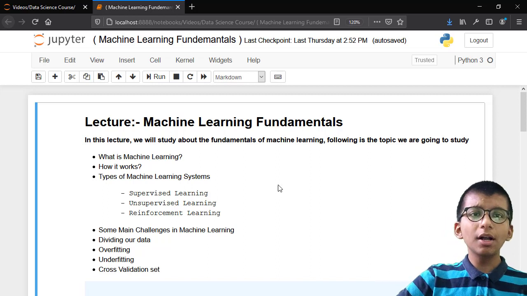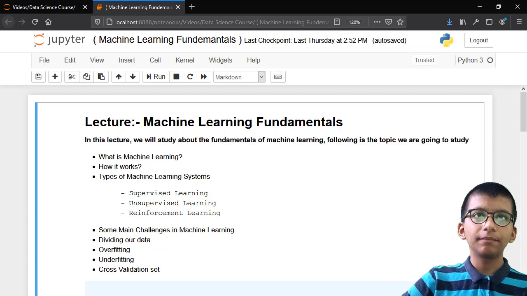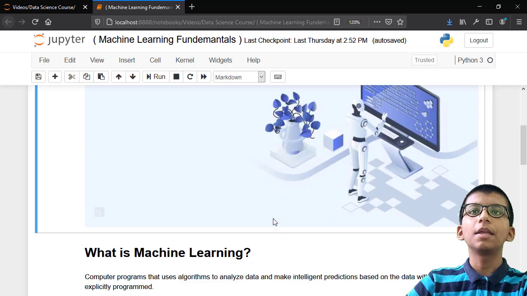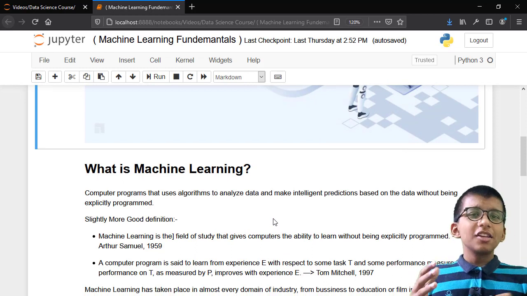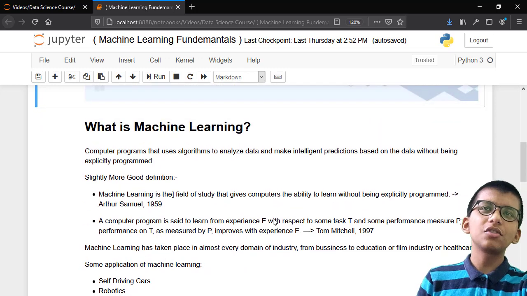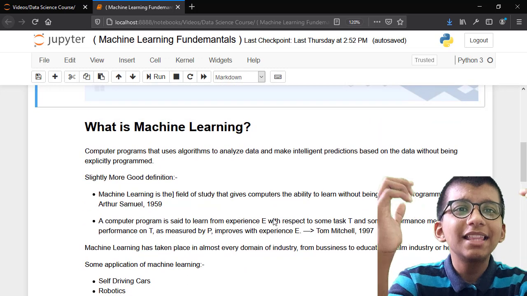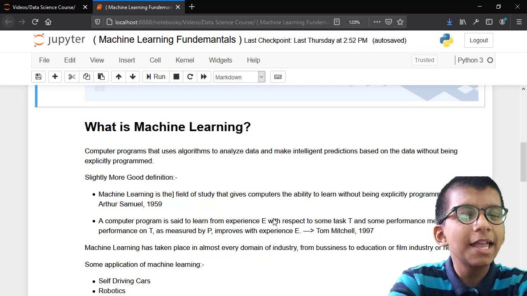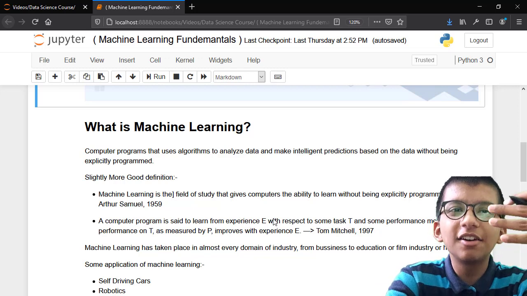Okay, so let's talk about what machine learning is. Just think on your own for a little bit. What is machine learning? As the name suggests, it is machines that learn.